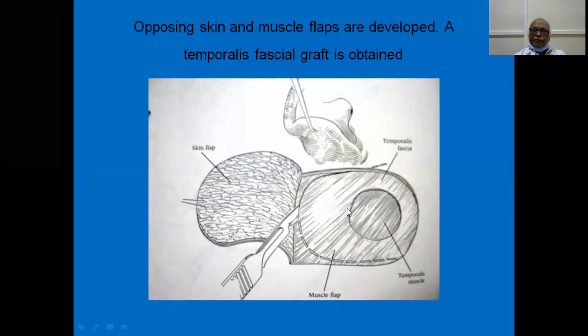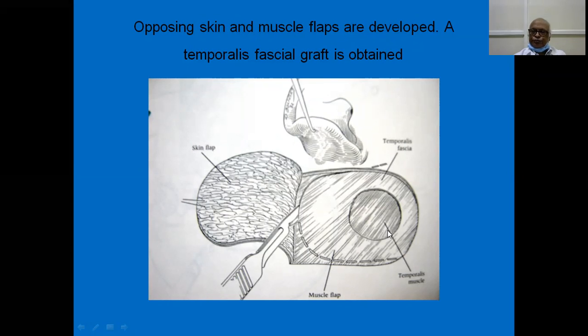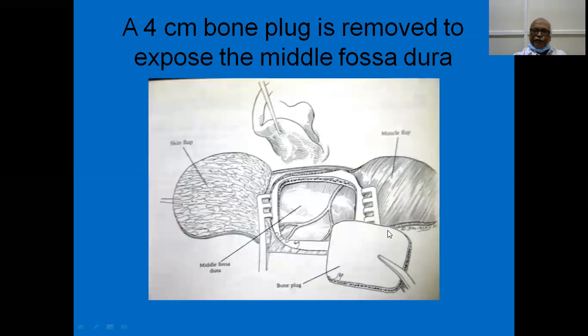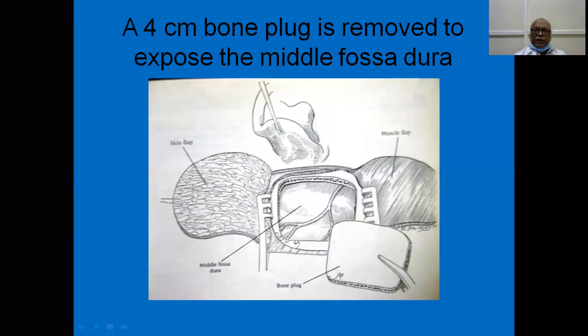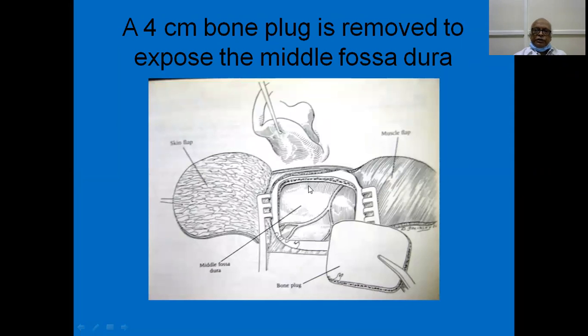You can take a piece of temporalis fascia and then elevate the muscle also. Identify the bone. Once you identify the bone, you excise a 4 centimeter by 4 centimeter piece of bone. And this is the middle fossa dura.